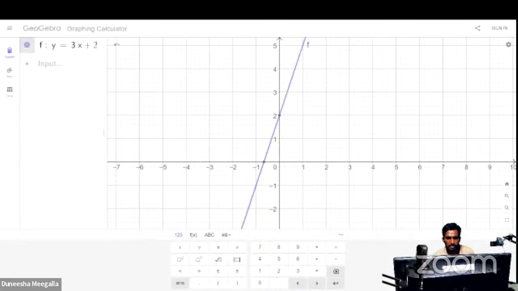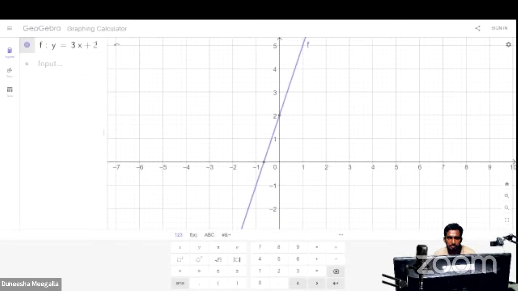Can you see where the intercepting point is? Where does it cut the y axis? Where is the point? Can you see? y = 3x + 2.